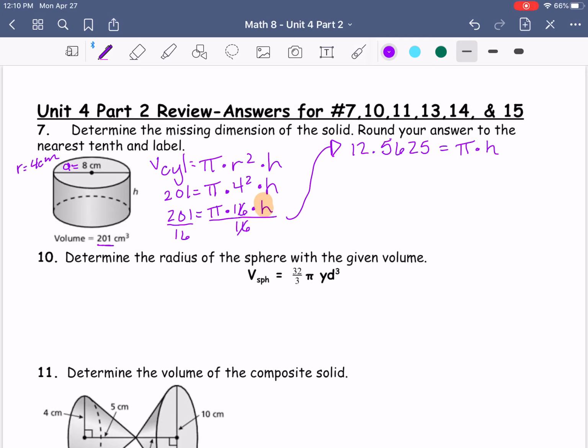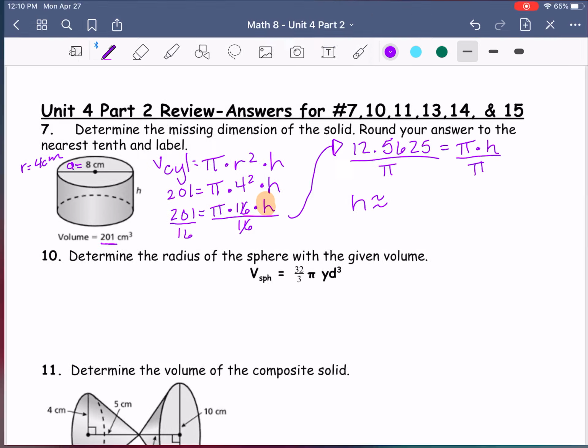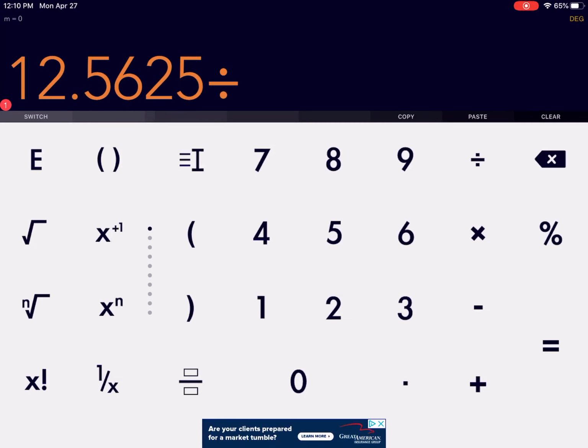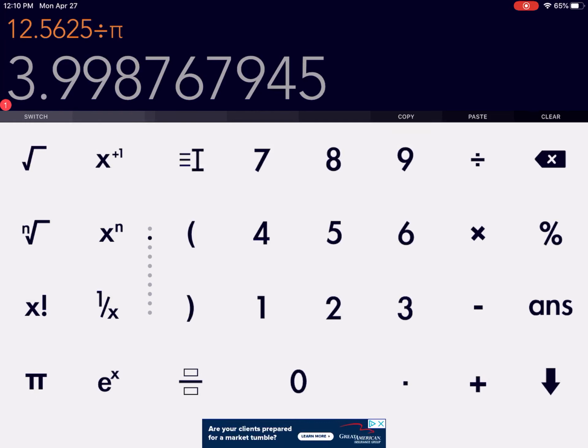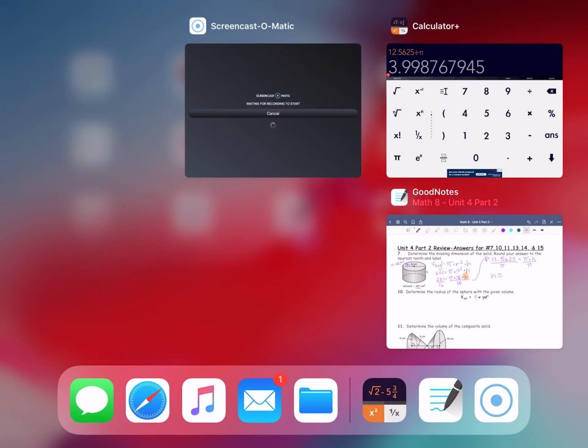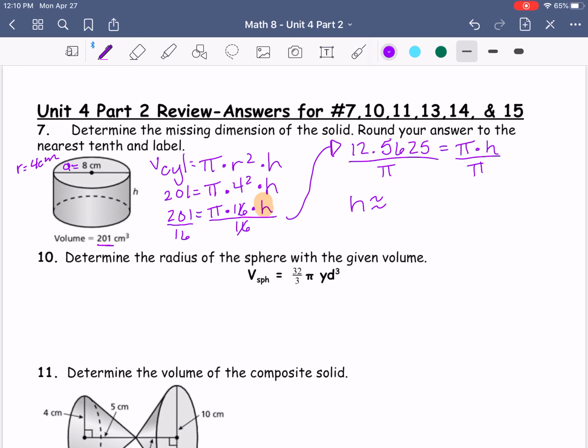Well, to get the h by itself, I am going to divide by pi on both sides. 12.5625 divided by pi is 3.998. So if I'm rounding to the nearest tenth, that second 9 tells me to give a shove to the first 9. Well, if I shove the first 9, that's going to take it up to a 10. So actually, the height is going to be about 4 centimeters.